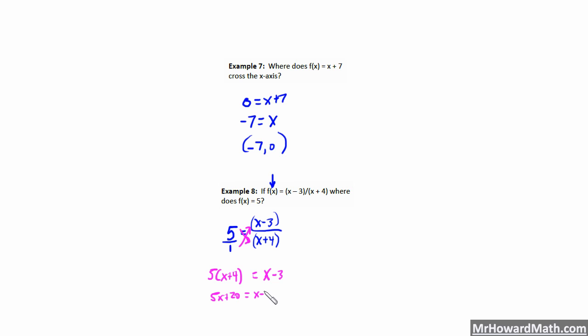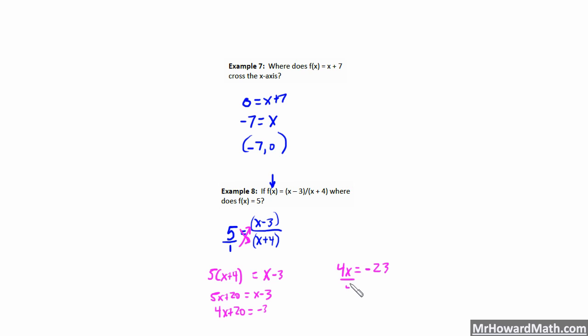equals x minus 3. We want to get our variables on the same side, so I'll subtract an x and we'll get 4x plus 20 equals -3. We'll subtract 20 here, and I'm going to move over here so we don't run out of room. We get 4x equals -3 minus 20, which is -23.